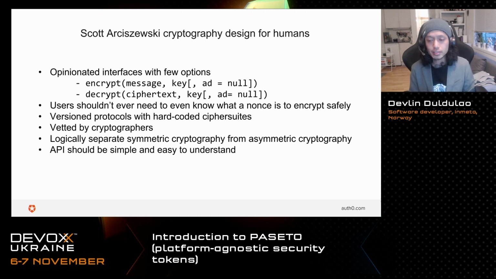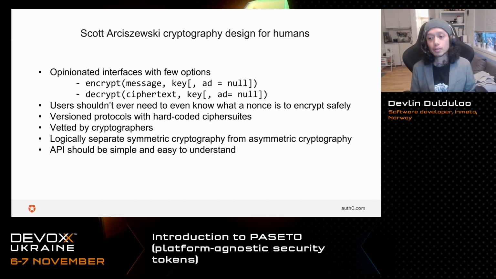So we have a guidance, and then the encrypt here. This should be your API for any encryption library, and you have your message, your key, and optional data to include in the authentication tag. Decryption should be exactly the same.